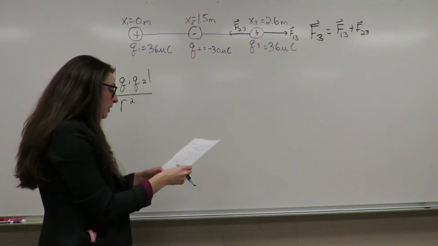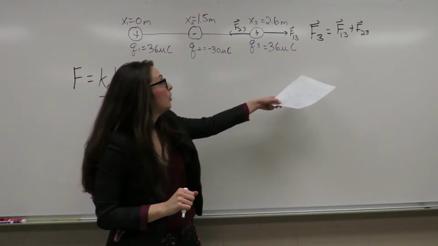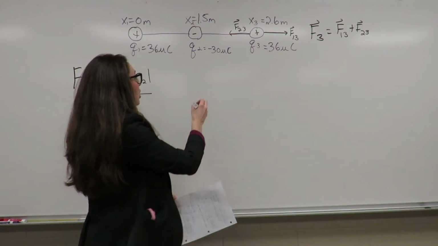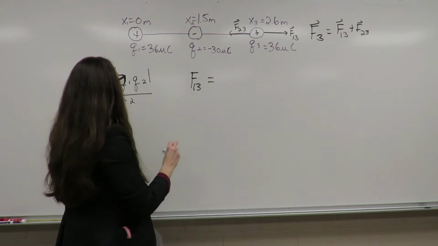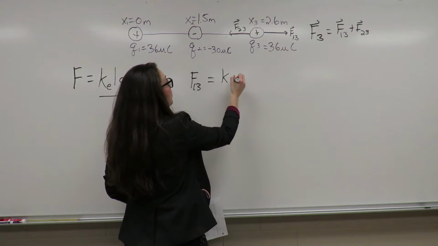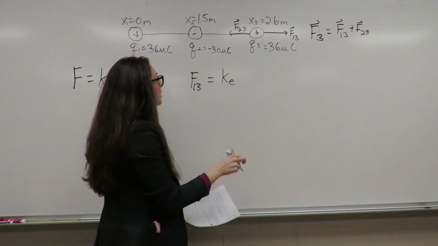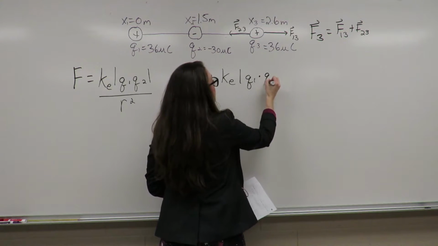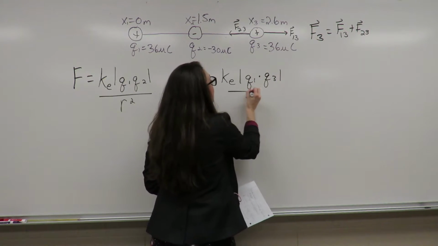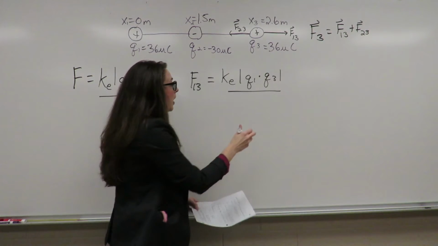So the magnitude of the force that charge 1 exerts on charge 3 is going to be equal to our Coulomb constant times the absolute value of charge 1 times charge 3, all over the distance between them squared.